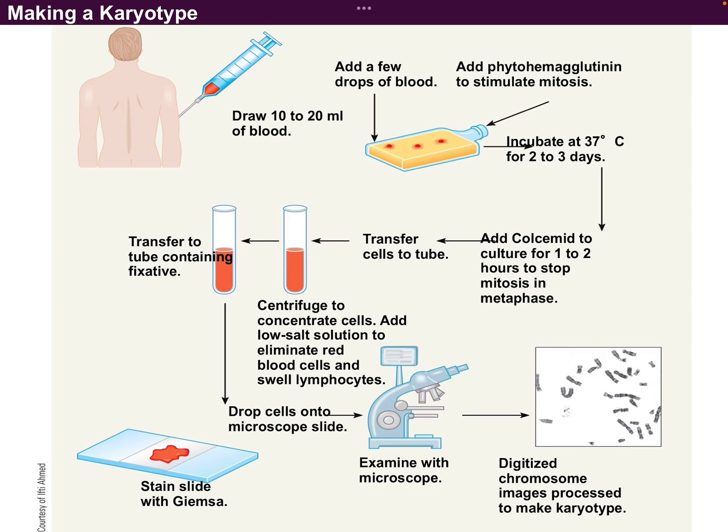And then we add colchicine. The colchicine stops the mitosis in metaphase. So this is important. Then transfer the cells to a tube, add fixative, centrifuge, add it to the microscope slide and stain it with Giemsa. Then examine it with a microscope.